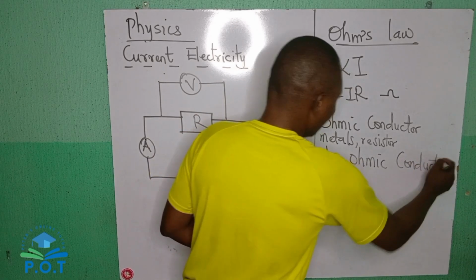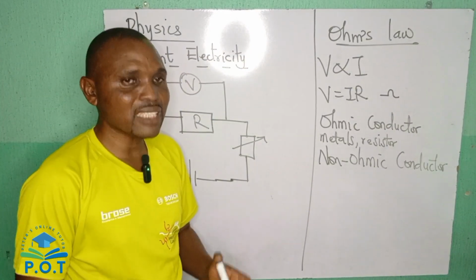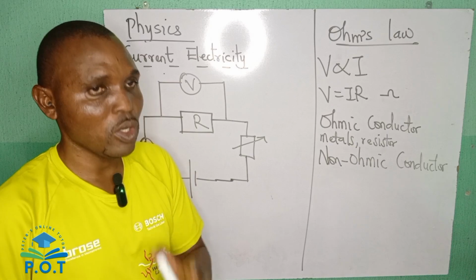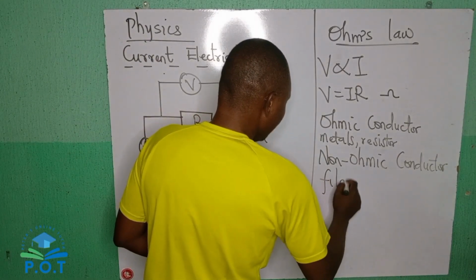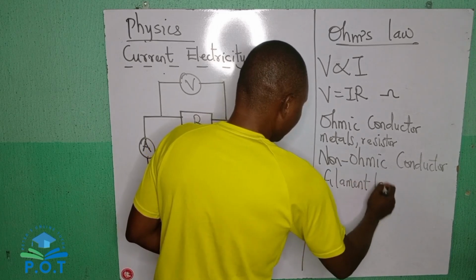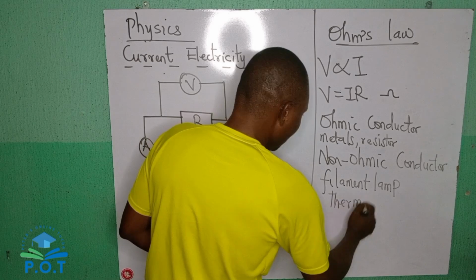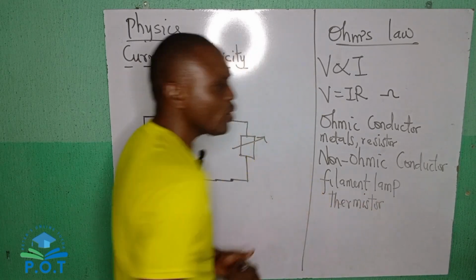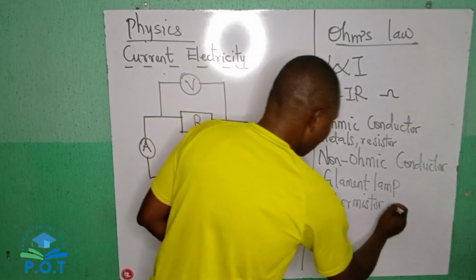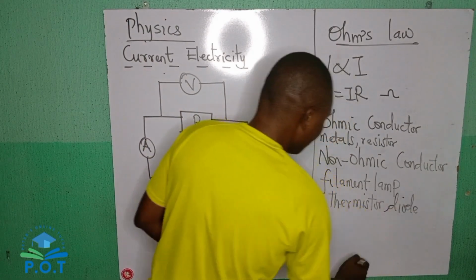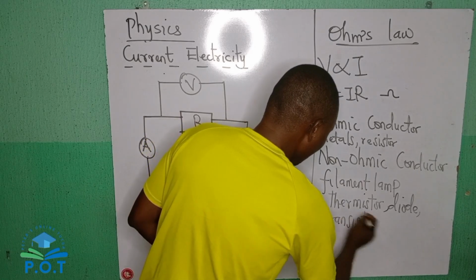Examples are a filament lamp, a thermistor, and some semiconductor devices such as the diode, and then you have transistors.